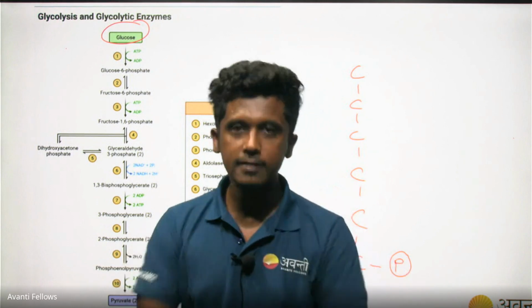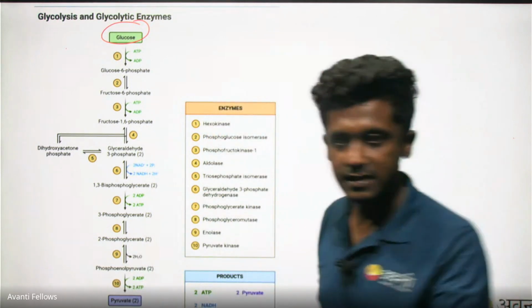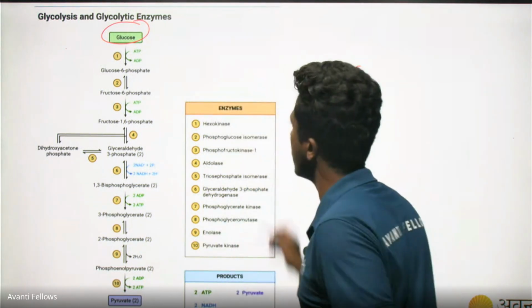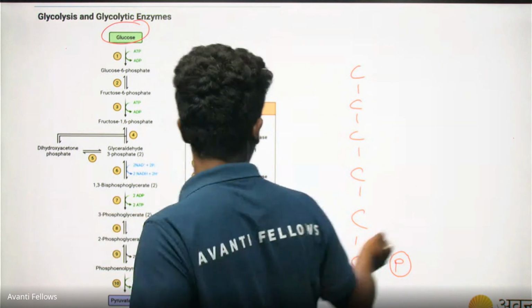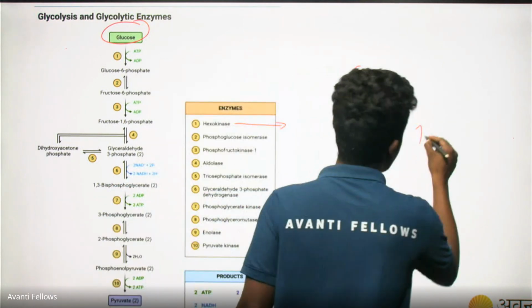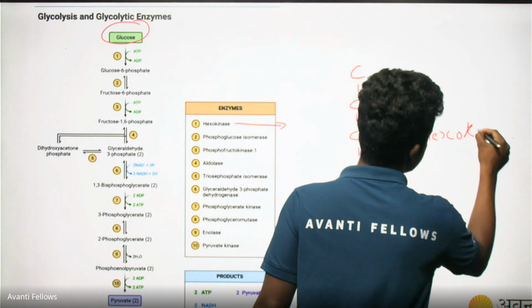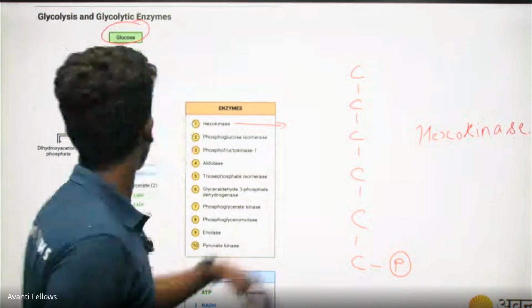So in the beginning itself it happens. We have a glucose molecule that contains 6 carbon atoms, and in the sixth position a phosphate molecule gets added, with the help of an enzyme called hexokinase itself. Is it clear? That is the first thing.